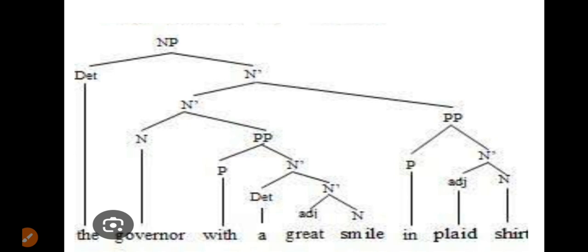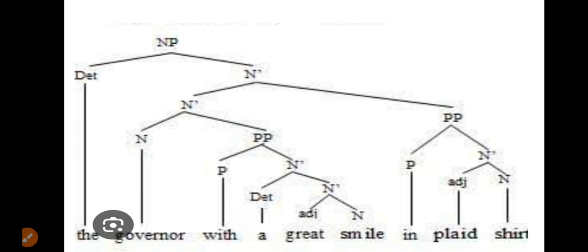Then one way we can say, noun phrase, and instead of N-bar we can write N1 and NP1, NP2, this way also we can write. Suppose here NP1, then N is governor, then with a great smile is a prepositional phrase, with is dropped, then a great smile is noun phrase 2.